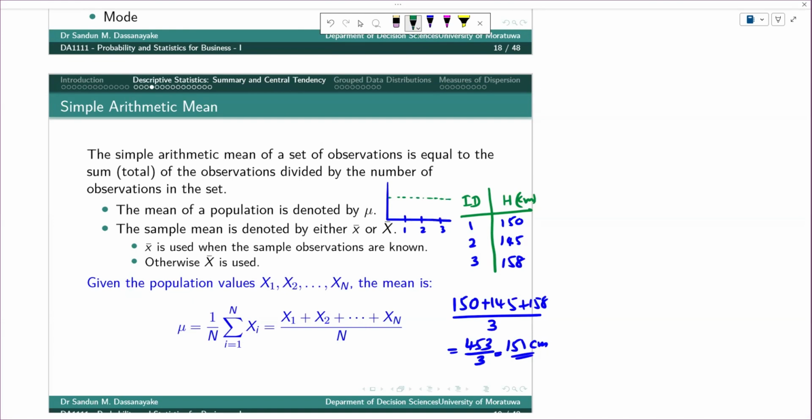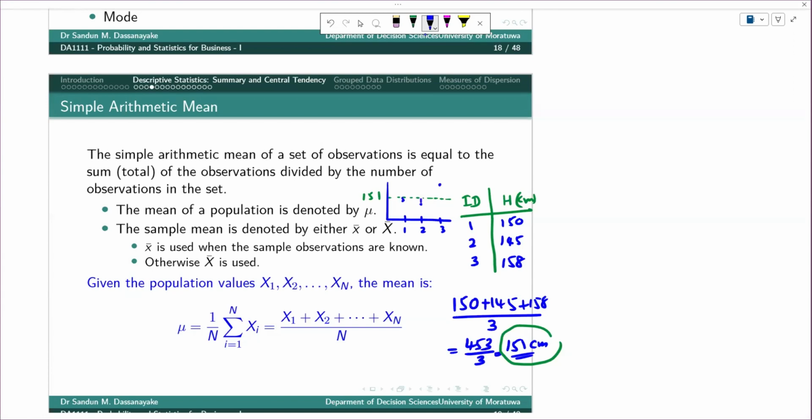Draw a line at, let's say, 151. So this is the mean. If you draw this, you can see the first ID 150 is pretty close to that point, 145 maybe 5 down, and 158 8 up, somewhere around that.